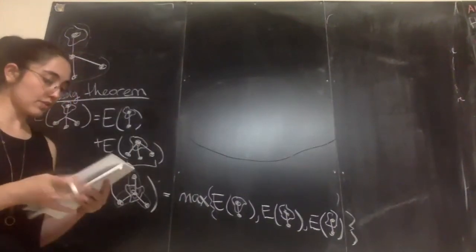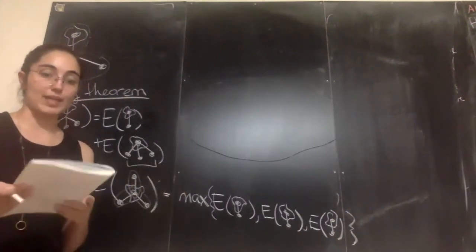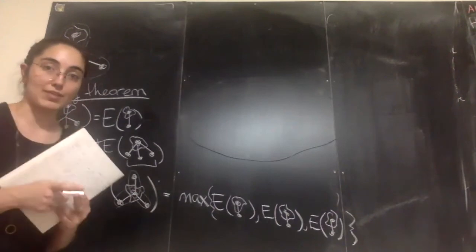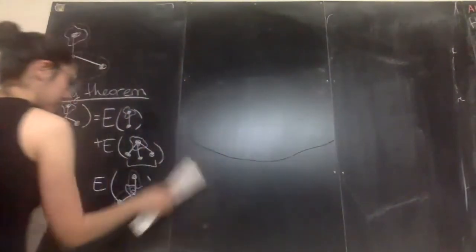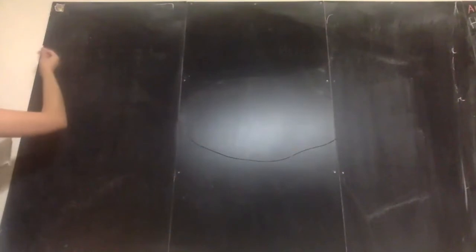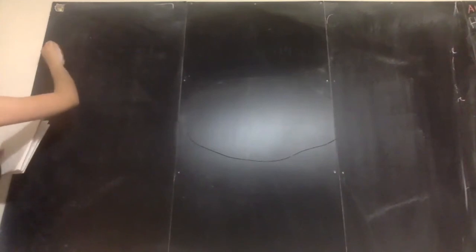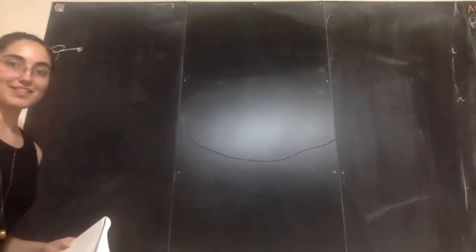But let's look at some really small graphs and then use the gluing formula to find some more general graphs too. So to start off, we have this little mini graph that we were actually just talking about.